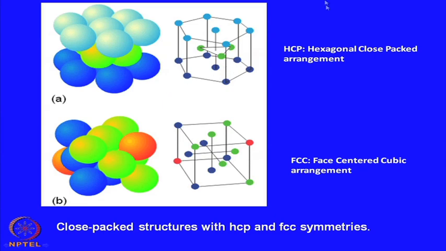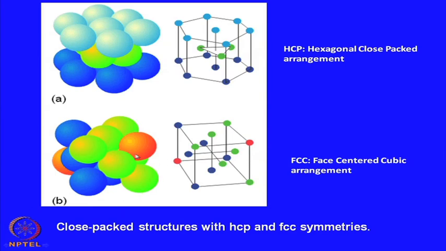So, you have a hexagon on the top, another hexagon on the bottom, and the middle layer is actually not forming a hexagon, but a triangle, in between the top hexagon and the bottom hexagon. So, there are 3 atoms within this particular volume of the solid, and the others are in the form of a hexagon. That is the reason we call it hexagonal close packed arrangement.